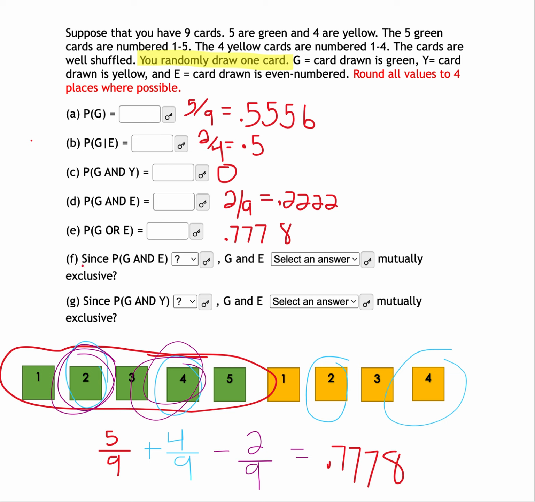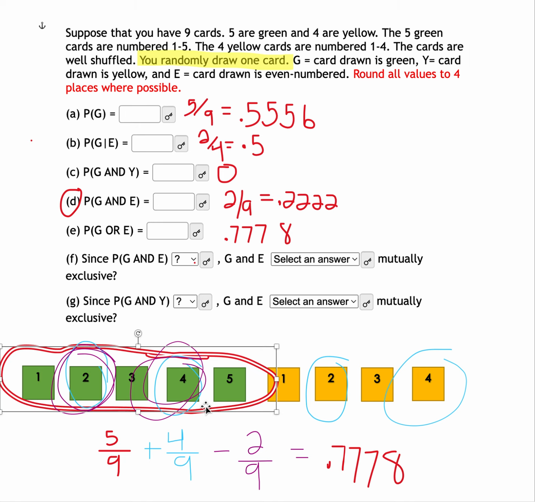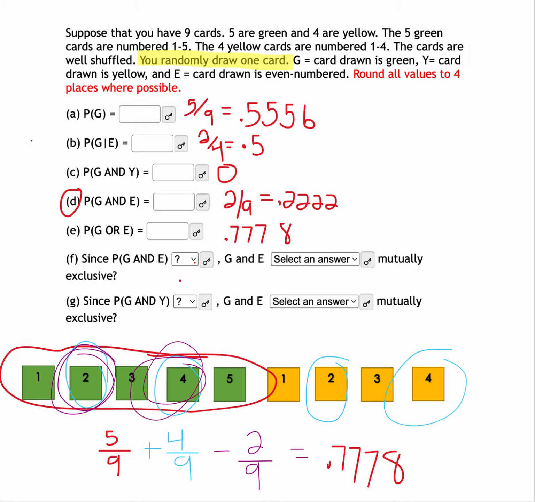Part F says, since G and E is equal to, where is G and E? The probability of G and E, that was part D right here. And we said that that was 0.2222. So since that was, whoops, I can't do that drop down menu because this is a picture.